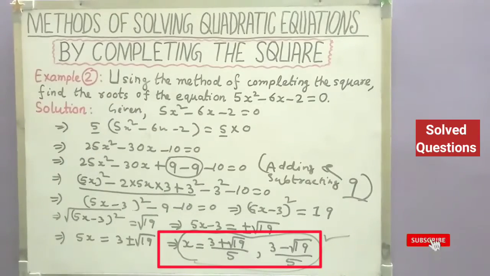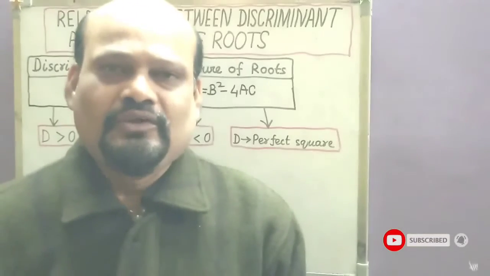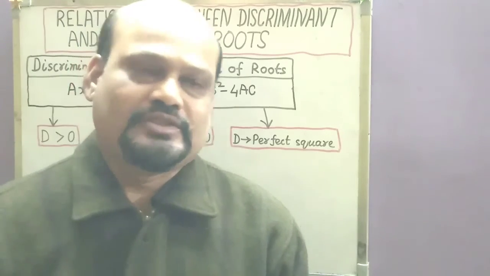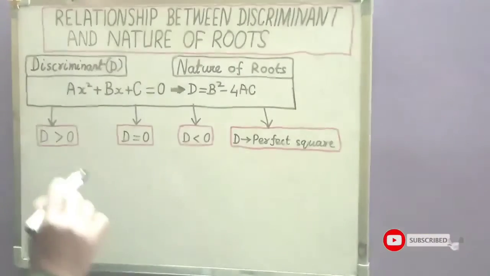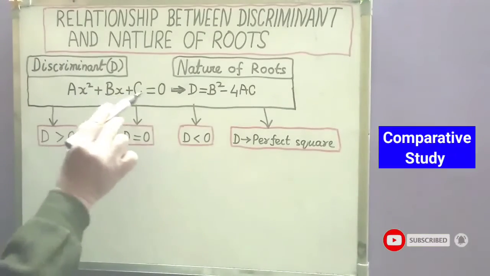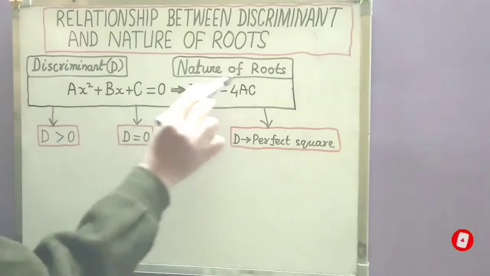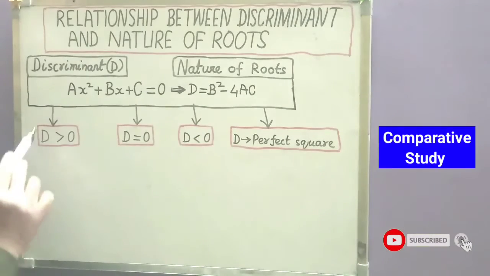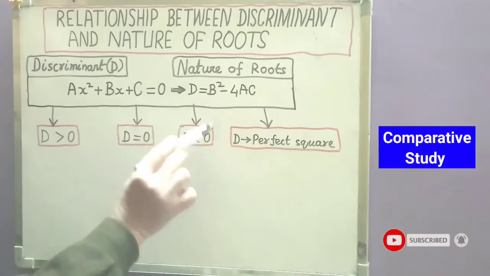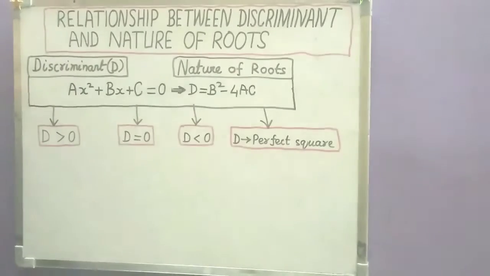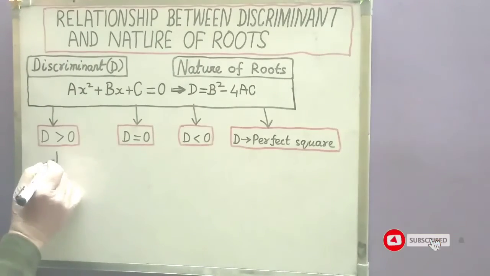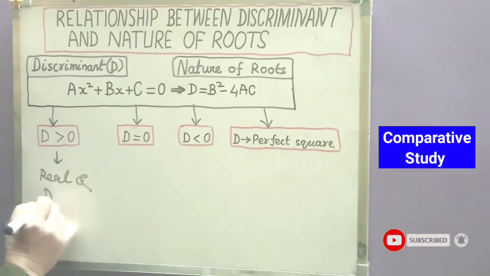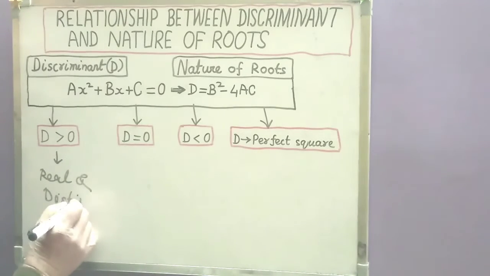That's the answer. Now, let's discuss the relationship between discriminant and nature of roots of a quadratic equation. In a quadratic equation ax² + bx + c = 0, the discriminant D = b² − 4ac. Generally, there are four relations between discriminant and nature of roots. If D is greater than 0, both the roots are real and distinct.